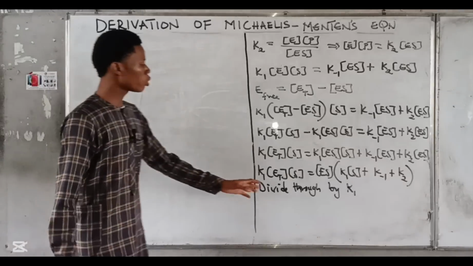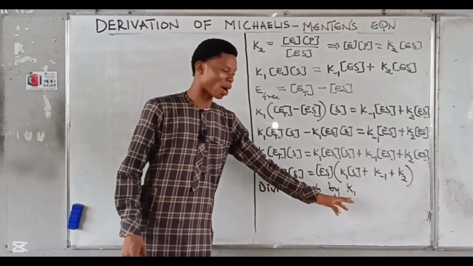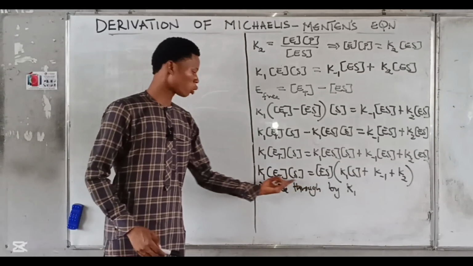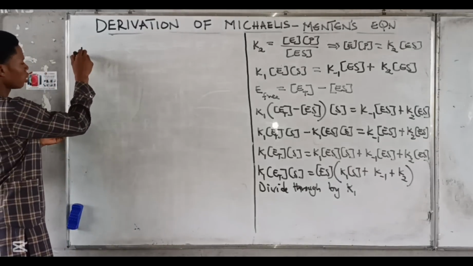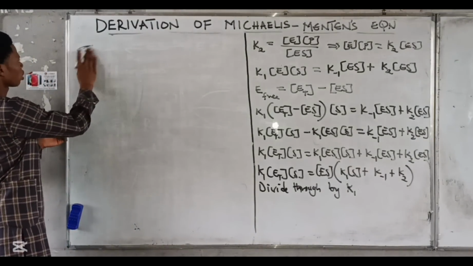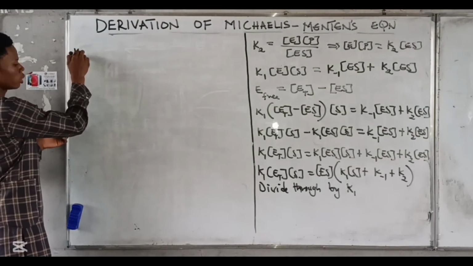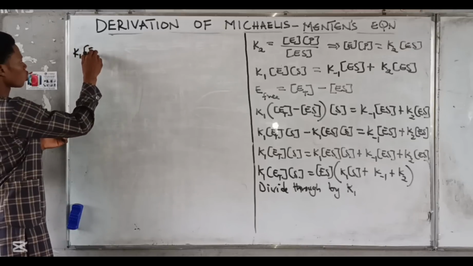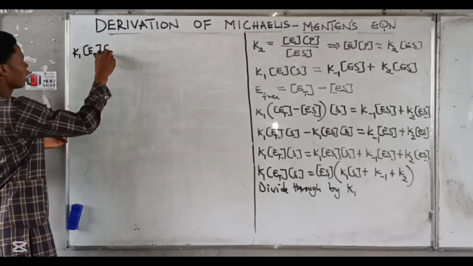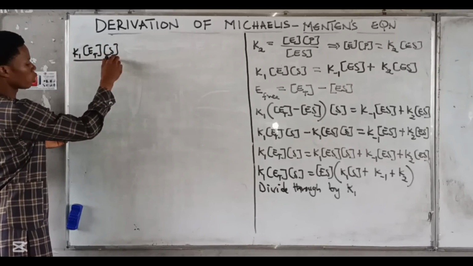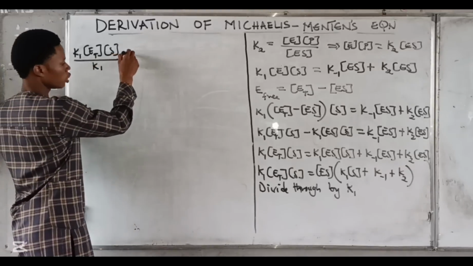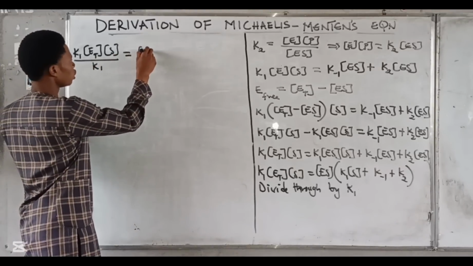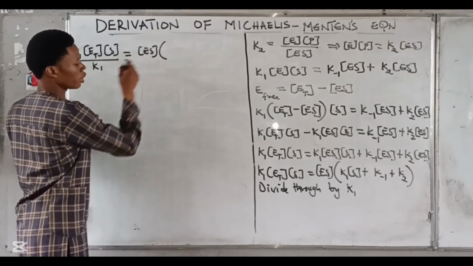All right, so we are going to divide this equation through by what? K1, right? So I'll take this whole one on my left. The one on my left, I have K1 E total S. We are dividing through by K1, right? So this is over K1 equal to ES. Please, I would like you to listen up here.